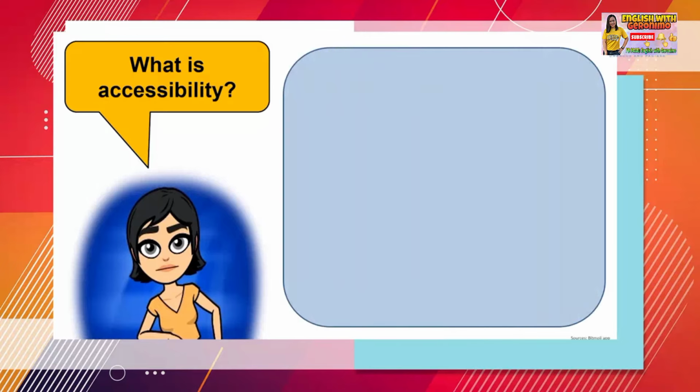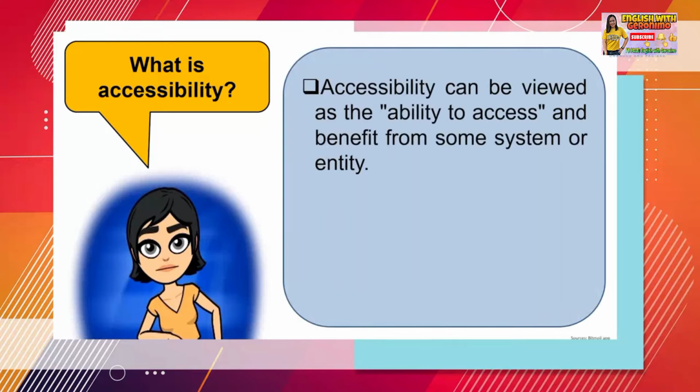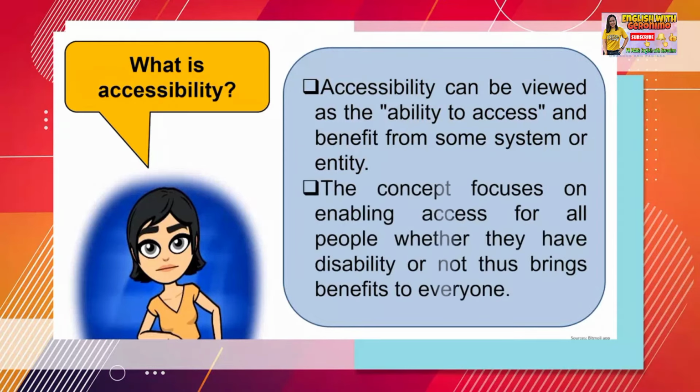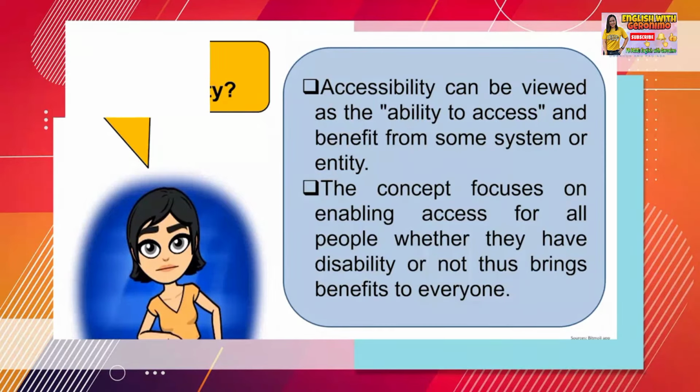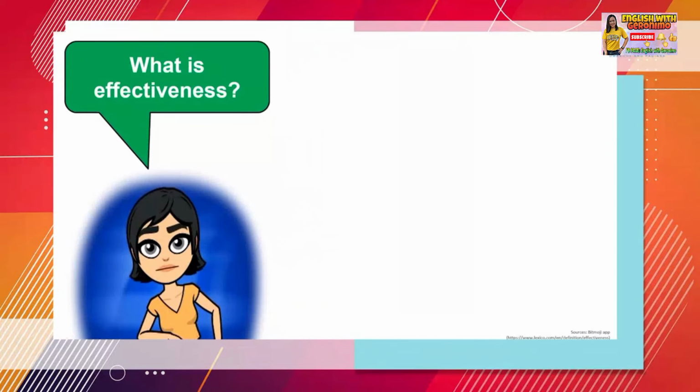What is accessibility? Accessibility can be viewed as the ability to access and benefit from some system or entity. The concept focuses on enabling access for all people, whether they have this ability or not, thus brings benefits to everyone. What is effectiveness?